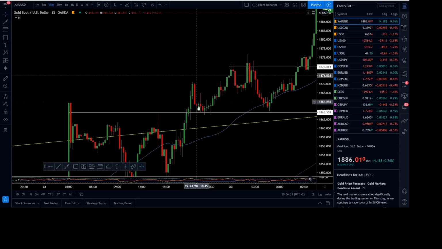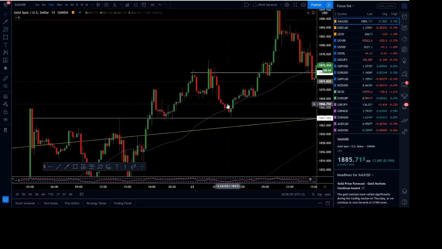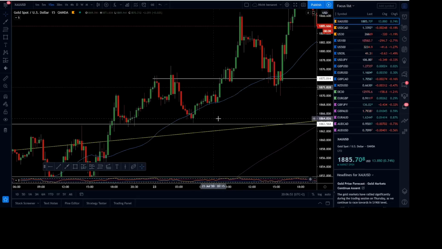Break, retest, rejection, doji, engulfing, and boom, this thing is ready to go. Then it came back again, got rejected with a kind of double top over here, came back to that level, got rejected, and went straight to the upside.